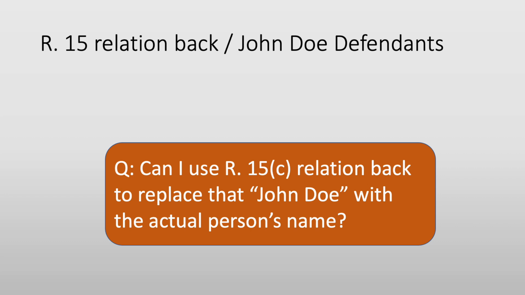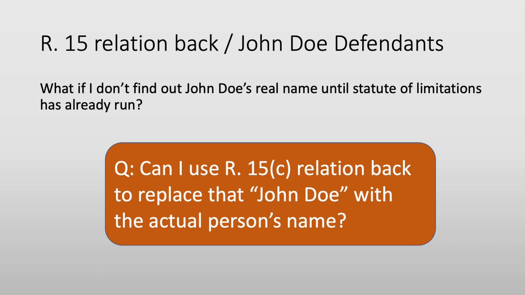The question, though, is what if I don't find out John Doe's real name until the statute of limitations has already run? Can I then use not just the normal Rule 15 amendments, but specifically Rule 15C relation back to get around that statute of limitations and replace John Doe with the actual person's name?